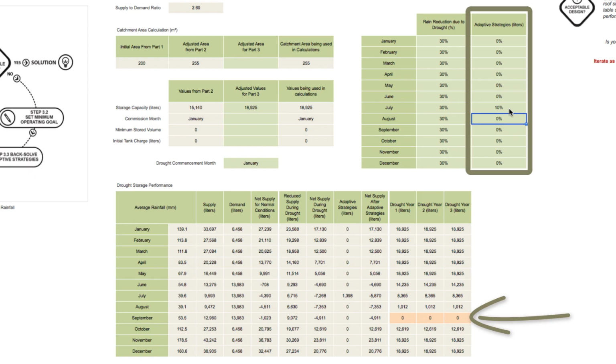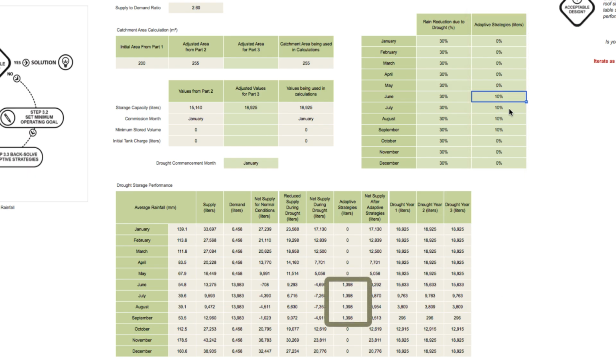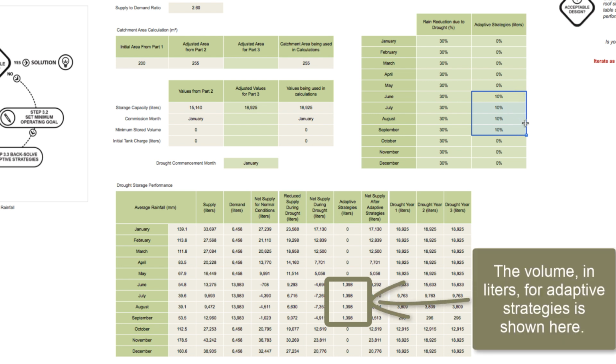After a few iterations, they realized that 10% adaptive strategies in each June, July, August, and September result in a balanced system. So what does this mean? It means that in order to balance their system in a 30% rain reduction scenario, they have a couple of options. They could either adaptively conserve 10% of their demands, so use less by 10%.